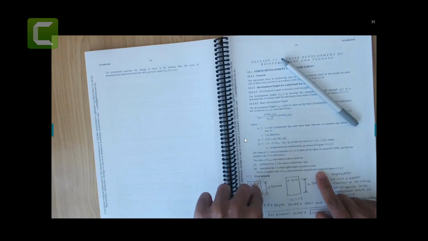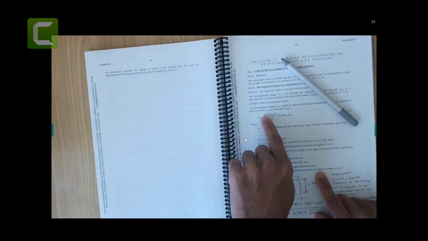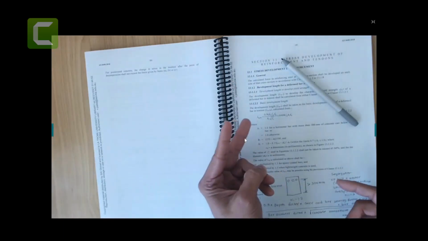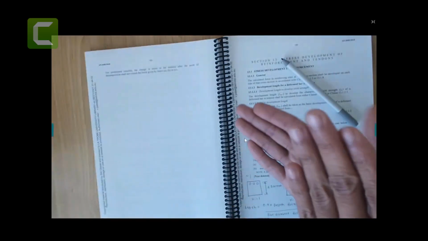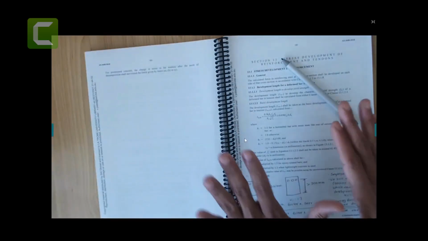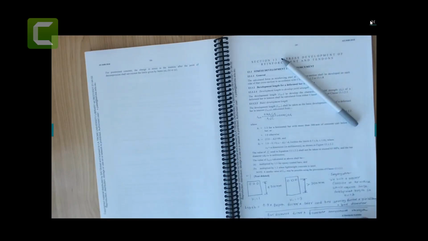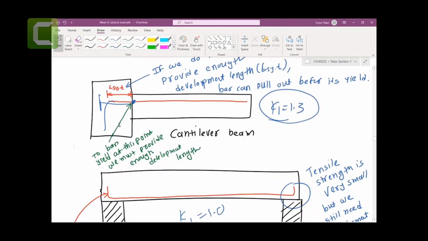If this distance from the top surface to the bottom edge is less than 300 millimeters, you take K1 equal to 1. Simple. K1 is very easy, either 1.3 or 1, depending on how much concrete is sitting below the rebar. I hope it makes sense. In reality, what the standards want you to capture is that in a cantilever, your tensile rebar is sitting on the top, right?